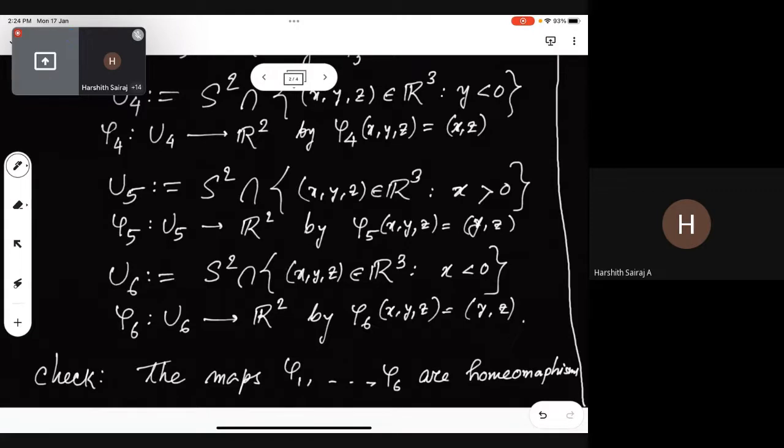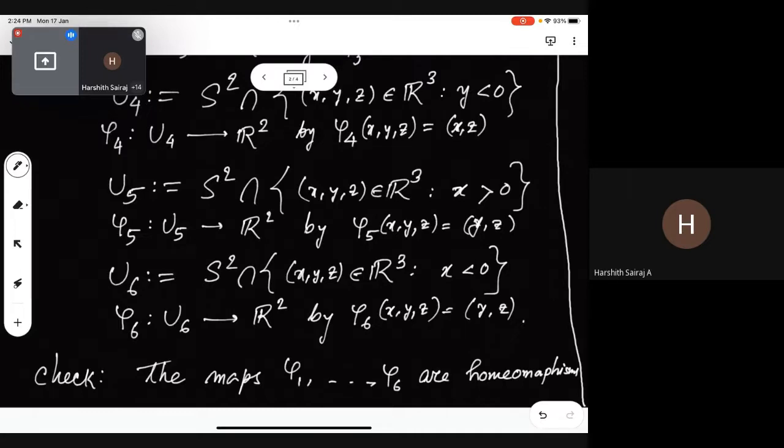So corresponding to each (y, z) in the plane R2, you can get at most 2 values of x such that (x, y, z) lies in the sphere, right?